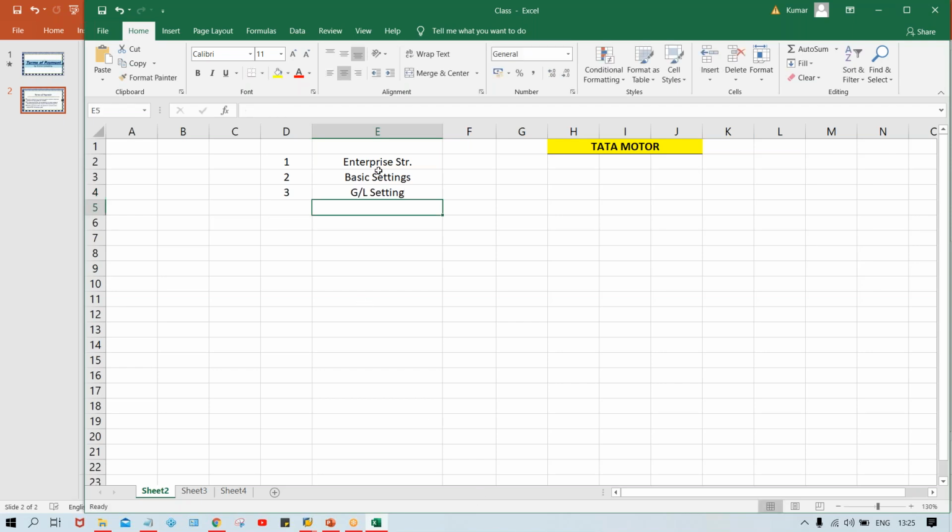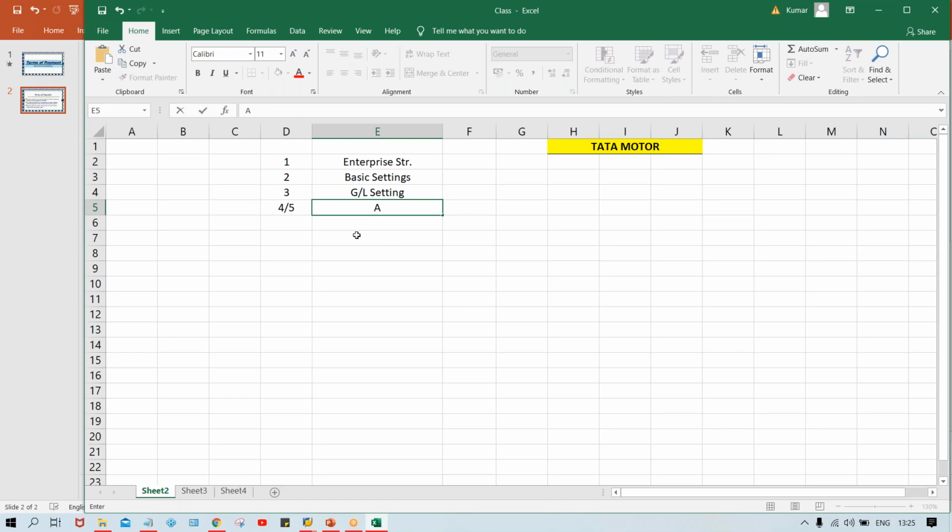These three settings must be there. Then, the fourth and fifth, you have a choice. Fourth and then fifth.